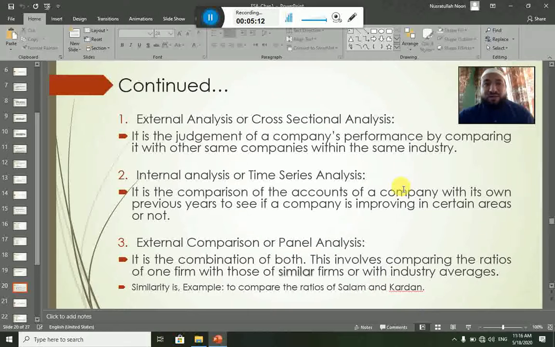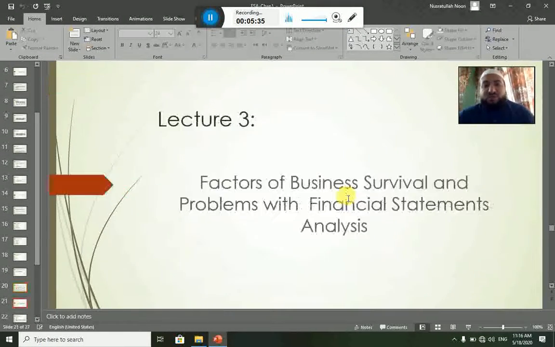And the external comparison is the combination of internal analysis and external analysis, because in this analysis we first internally compare ourselves over a few years, and then we compare ourselves with another company, and then we compare ourselves with the industry. So that's why it's a combination of both of them. That was our previous lectures.